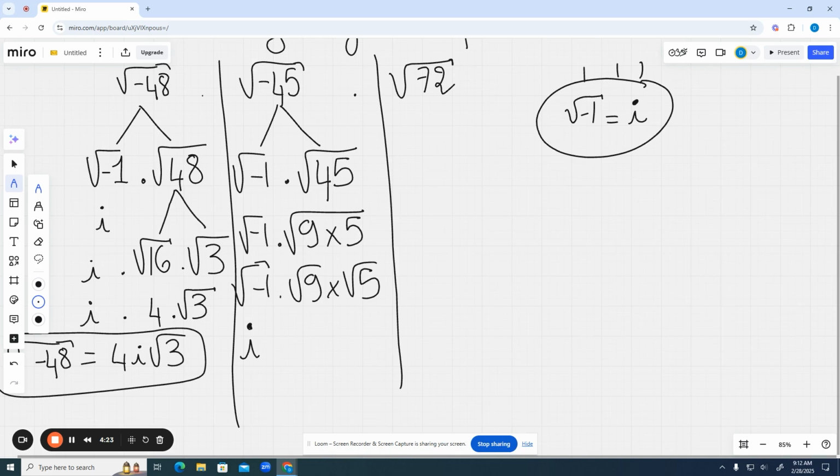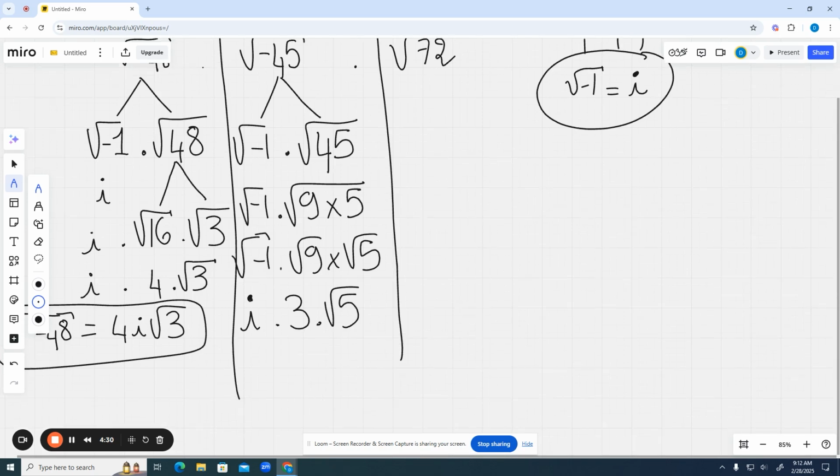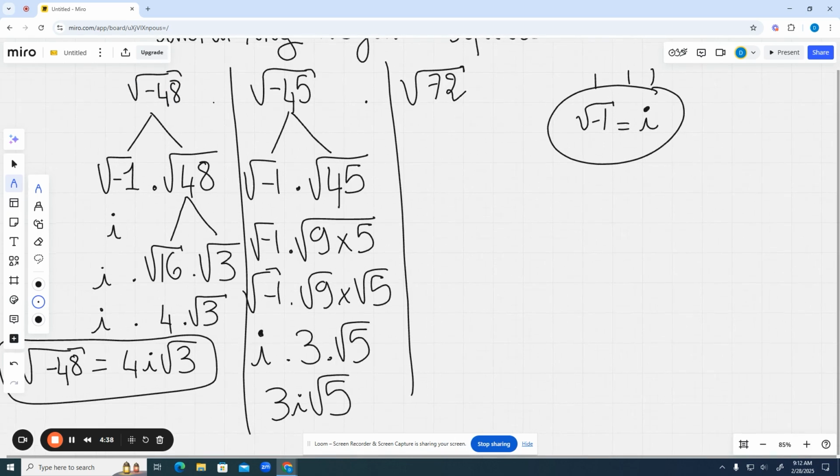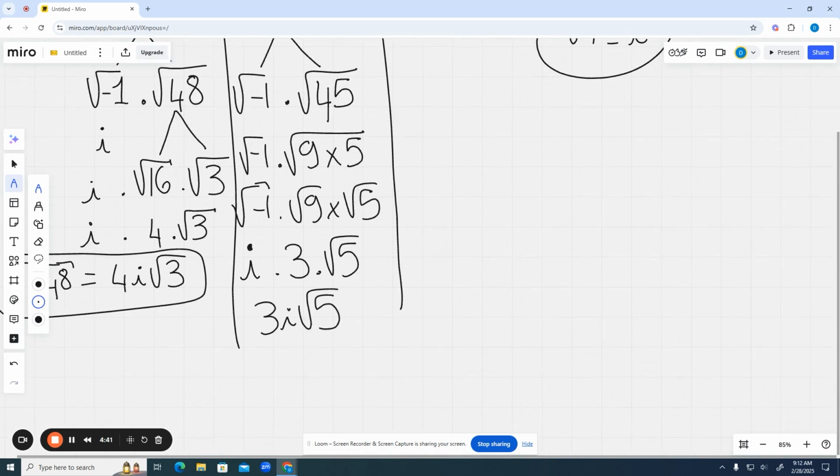And we know the square root of 9 is just 3, times the square root of 5. So this is going to give us 3 times i, 3i square root of 5. So the square root of -45 is just 3i square root of 5.